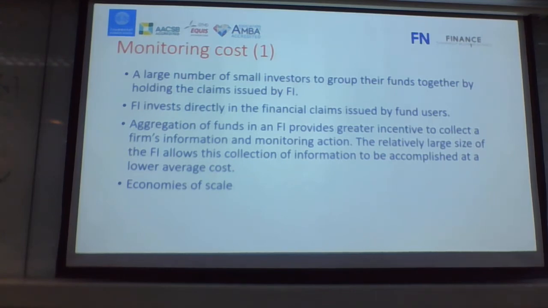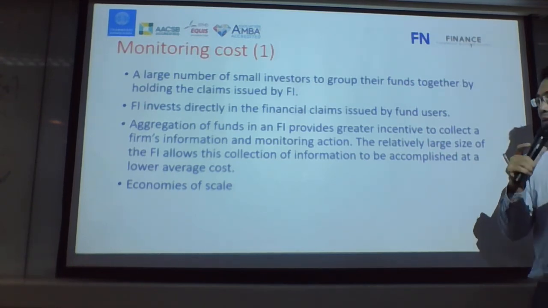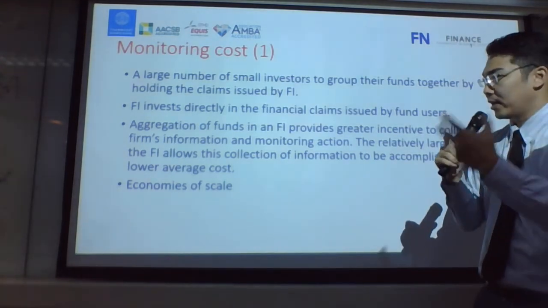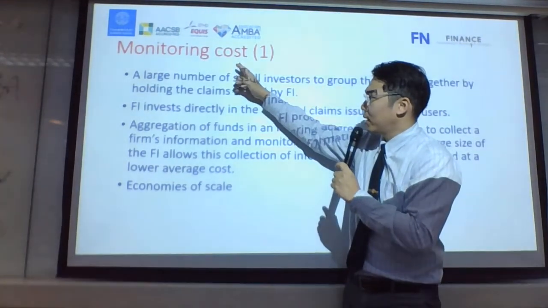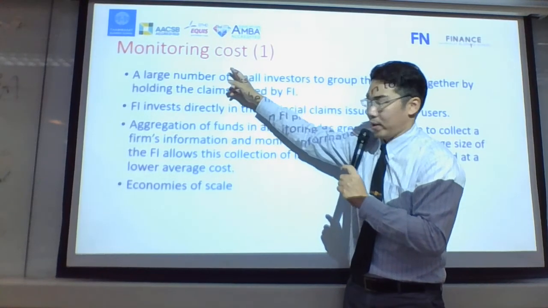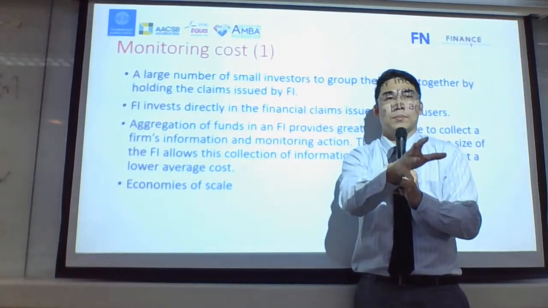And as you can see, when banks combine or pool lots of money from different people, it means that the funds at banks are really large. So when the bank incurs this monetary cost, the cost is lower compared with you.